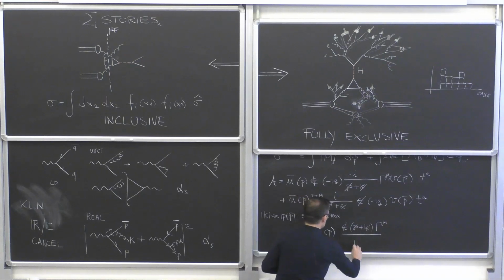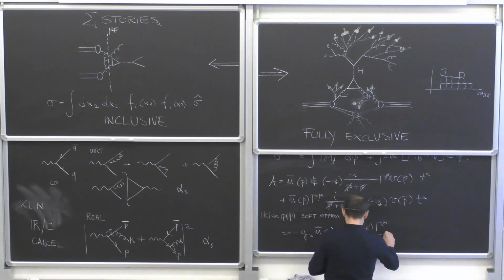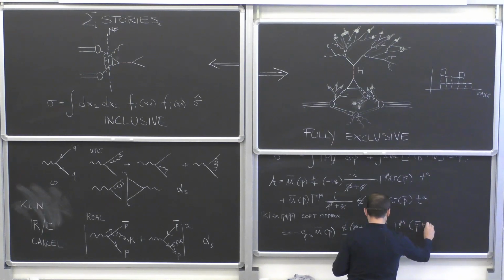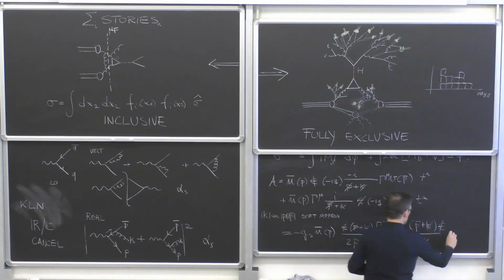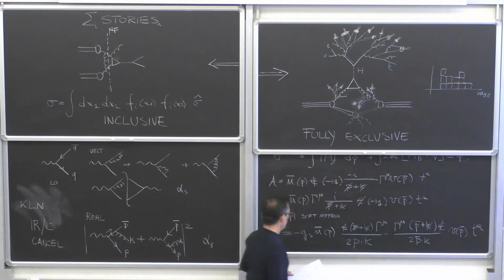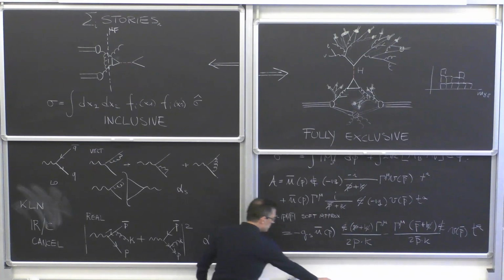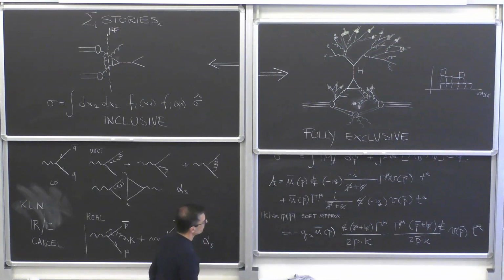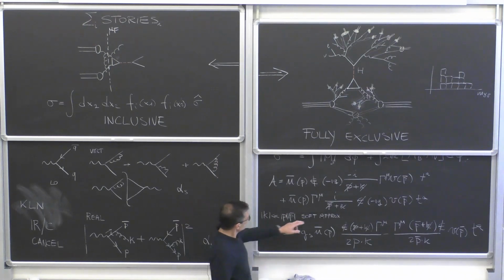And in the denominator I have P dot kappa, minus, gamma mu, epsilon, and so on.